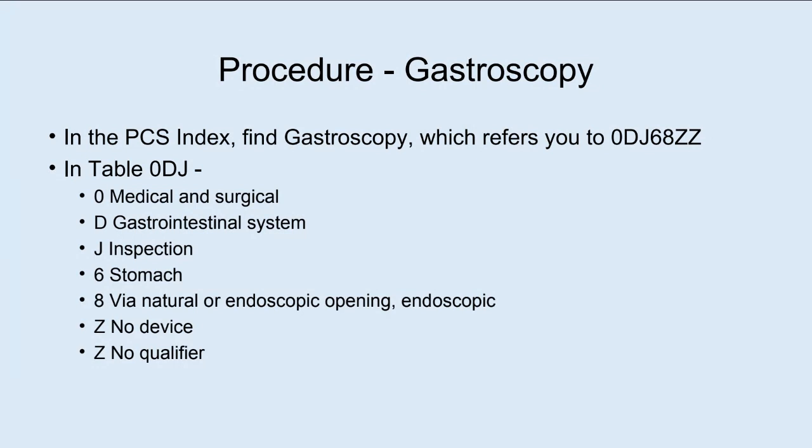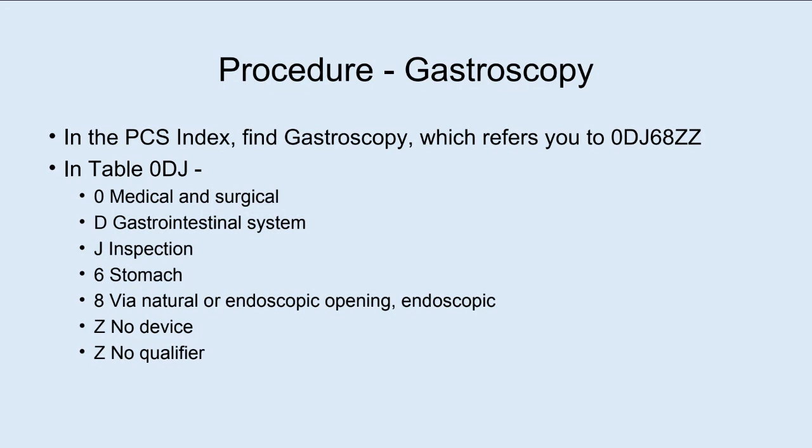So you have 0 medical and surgical, D gastrointestinal, J inspection, 6 stomach, 8 via natural or artificial opening endoscopic, Z no device, Z no qualifier. So that all sounds good. Wow, that was easy.